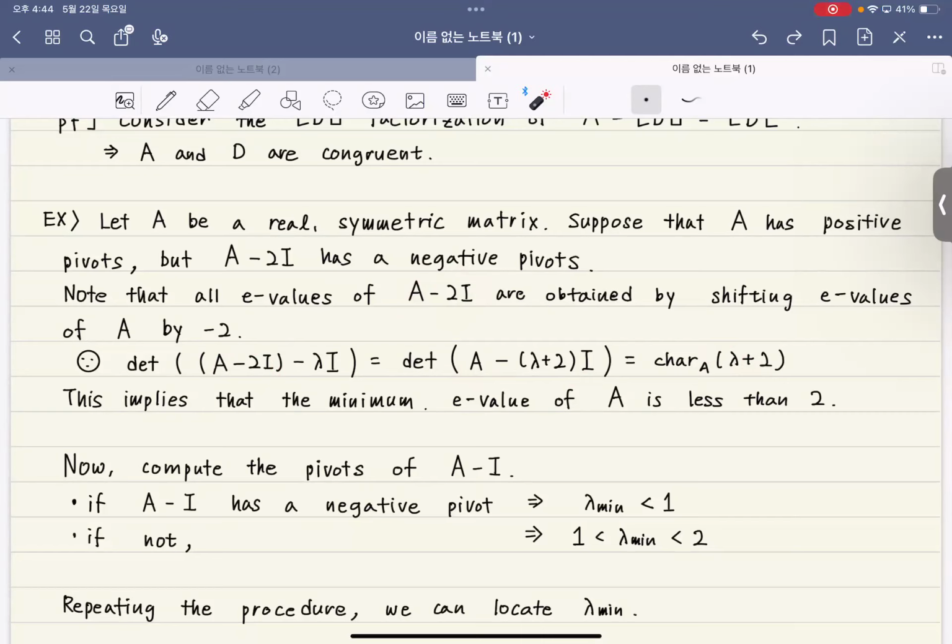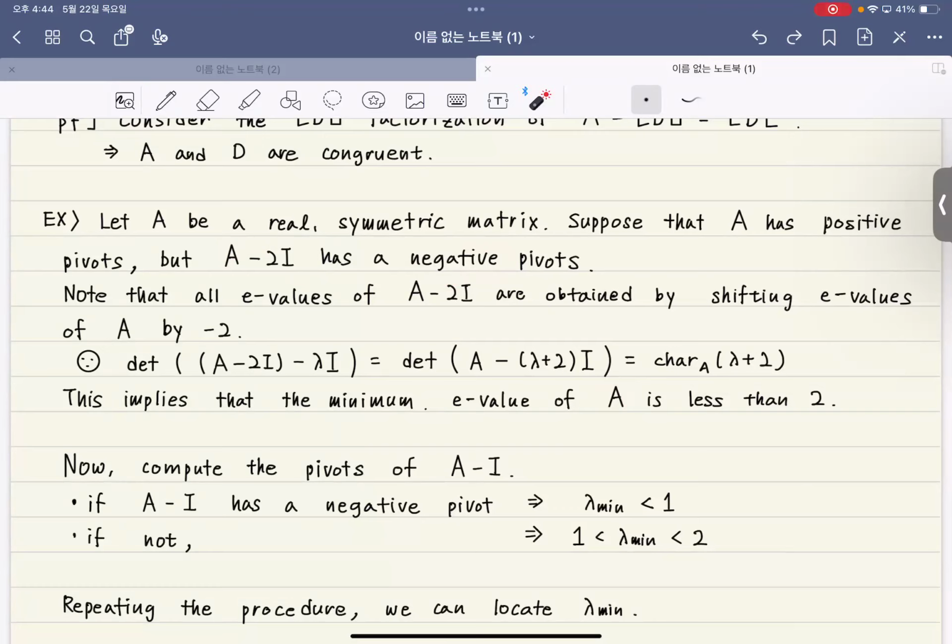Now I know that this matrix has some negative pivots. That means the least eigenvalue of A is less than 2. Why? Because previously A has all positive eigenvalues, since A has all positive pivots.